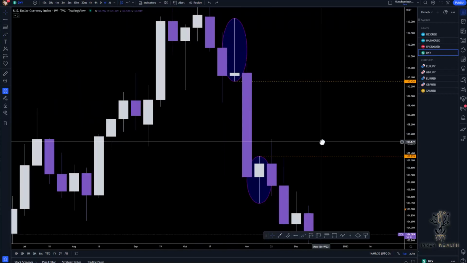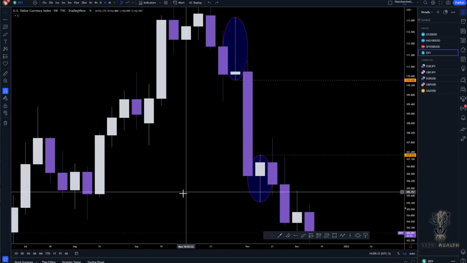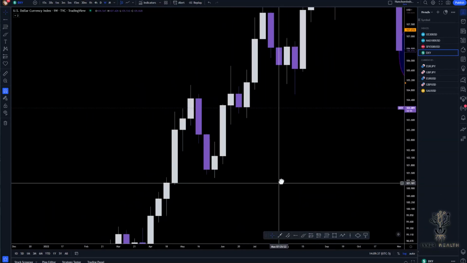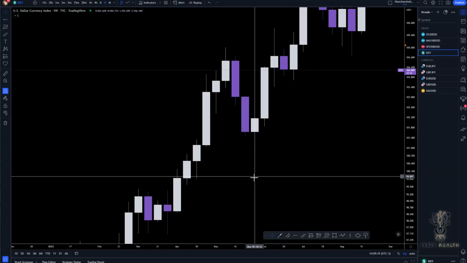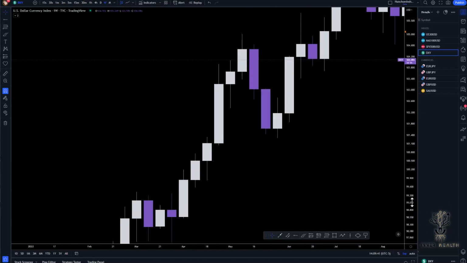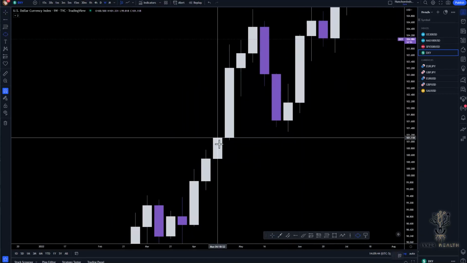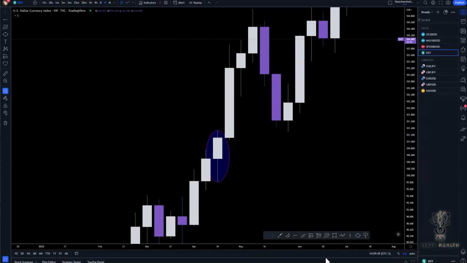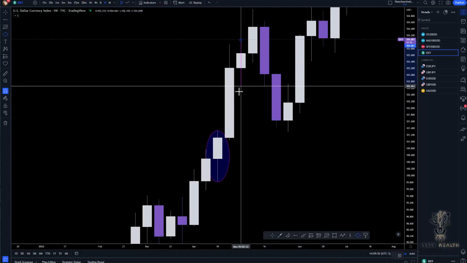So now I'm going to show you guys a couple of bullish examples as well. Okay, so a bullish example here would be this one. First one, then you have your middle second, and then you have your third.